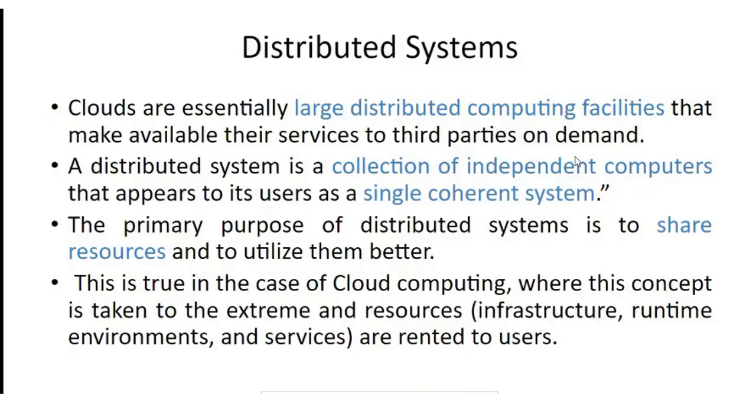So what is the main purpose of a distributed system? Why have distributed systems been developed? Without a mailing application or messaging service, I cannot communicate. Initially I would have to send a letter and wait for a week or even a month to get a reply. So what is the main use of the distributed system?